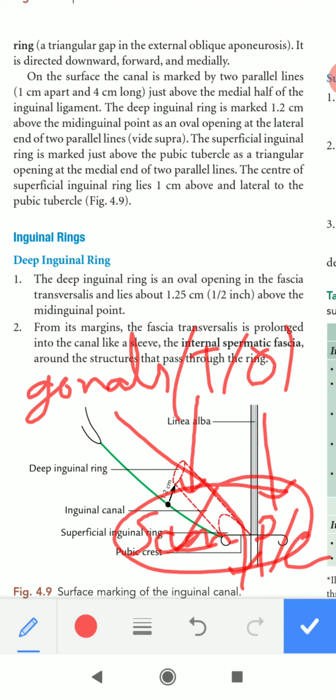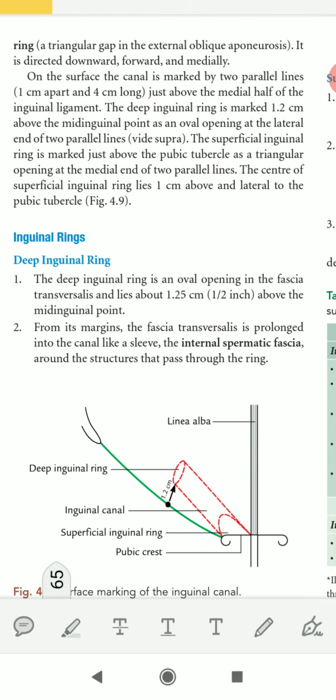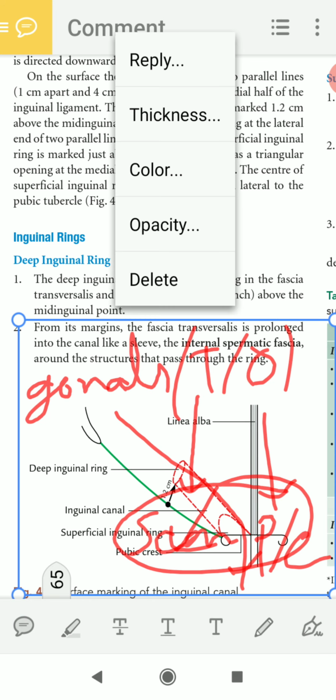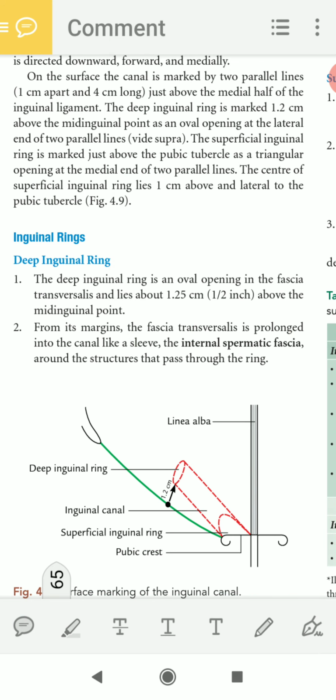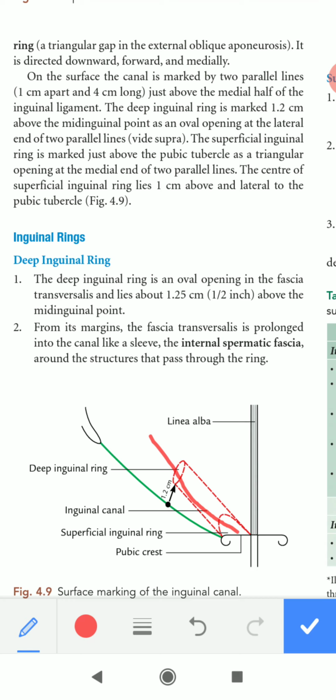Actually, if we talk about the testis, in the fetal period the testis was located in the abdomen, and when the fetus grows, the testis descends slowly, passes through this inguinal region and forms the inguinal canal, and ultimately goes outside the abdomen and remains in the scrotum.